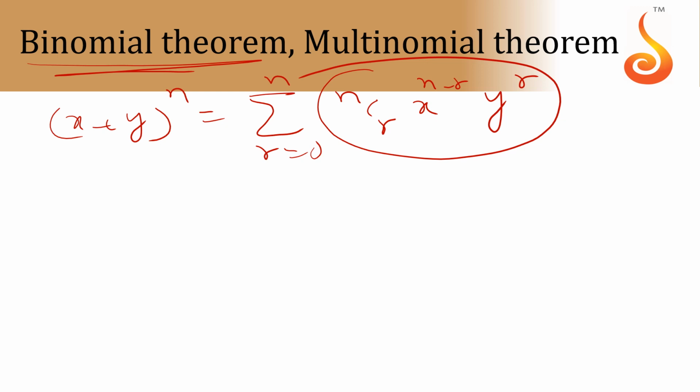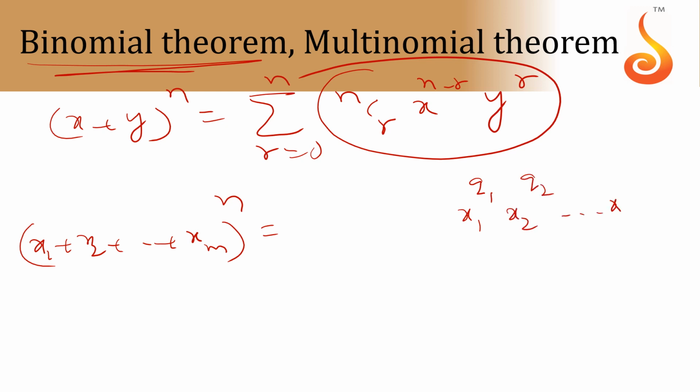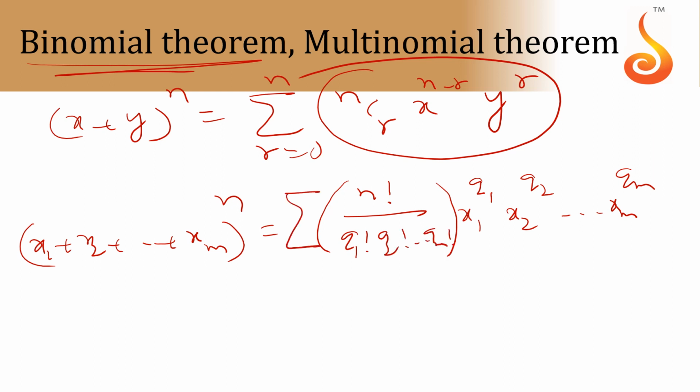Then the multinomial theorem means, suppose you have x1 plus x2 plus so on xm whole power n. It will contain terms of the style x1 power q1, x2 power q2, so on xm power qm. So it will have a coefficient of n factorial by q1 factorial, q2 factorial, so on qm factorial, summation of all such terms.